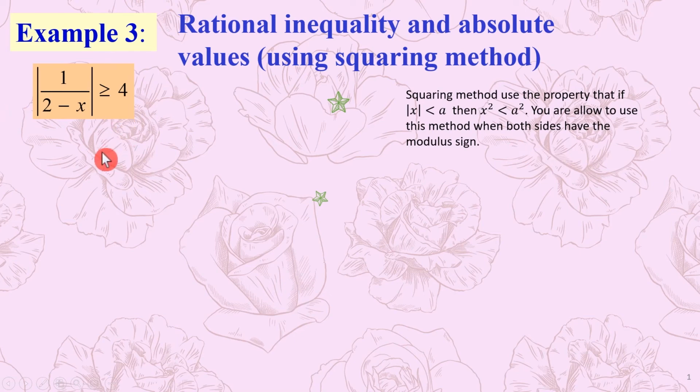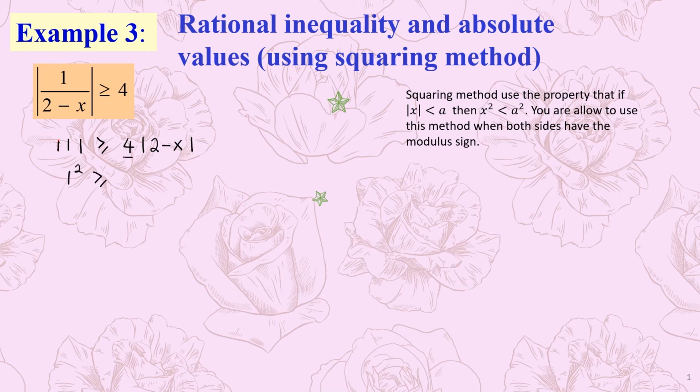Therefore, first, we have to bring the denominator of this equation to the right. Absolute 1 greater than 4 absolute 2 minus x. And then, since we are using this definition, we can square both sides.